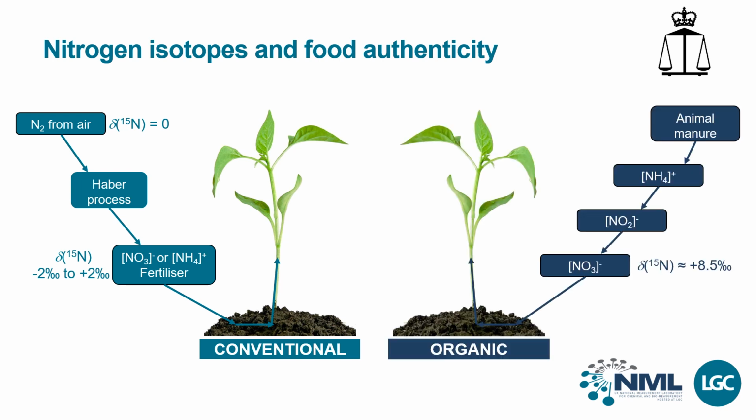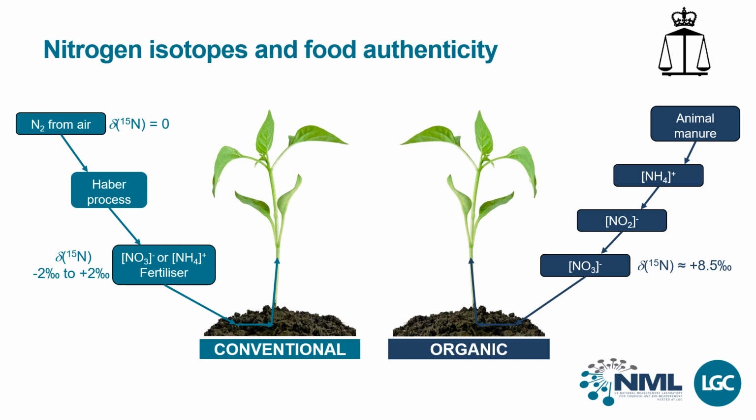In organic farming, the source of nitrogen added to soil is animal manure, which is relatively enriched in nitrogen-15. Furthermore, during the manure maturation process, there is a preferential loss of the lighter isotopologues of ammonia containing nitrogen-14, additionally enriching the nitrogen-15 content of the manure.